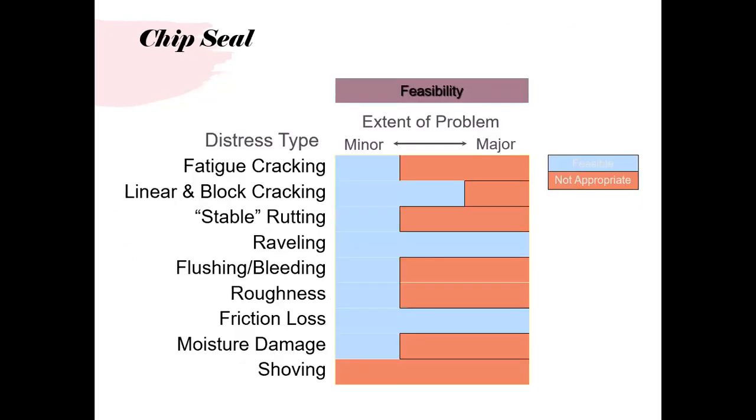Now it is not appropriate for flushing nor for major or high severity rutting, roughness, and moisture damage, while for frictional loss it is very good, and as well as for raveling.